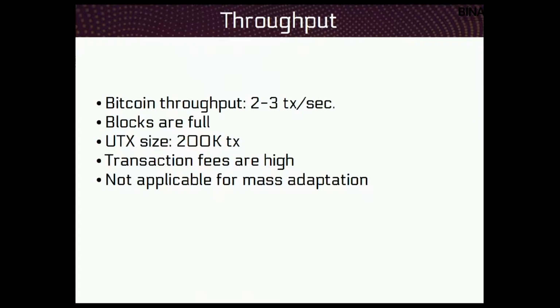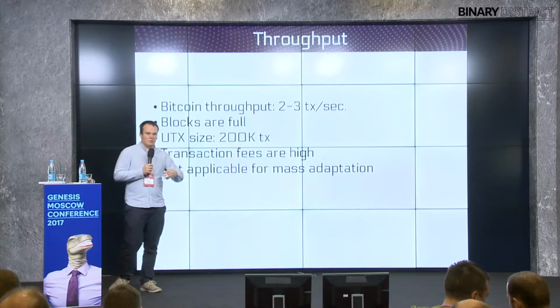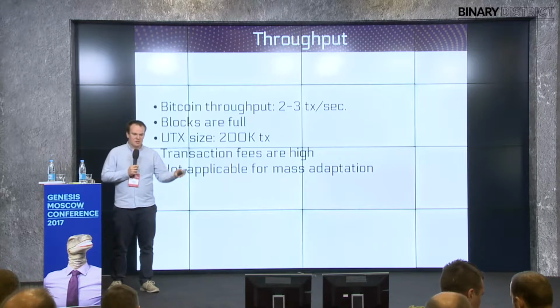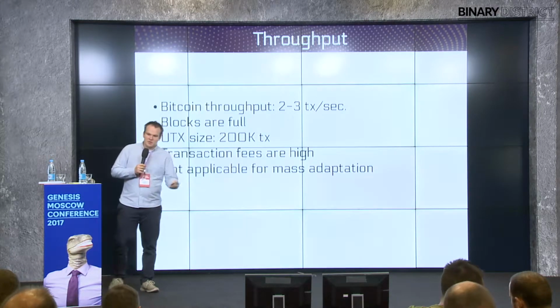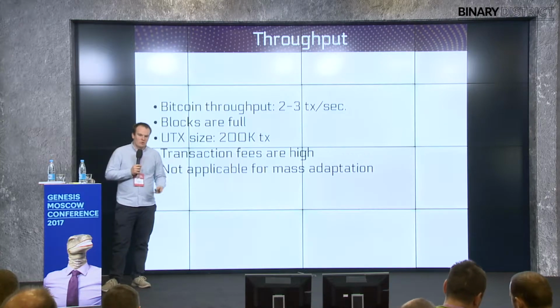It's not possible to build a worldwide payment system on top of existing blockchains. You can launch your business on top of some blockchain, but if your business grows, you'll hit this limit of just a few transactions per second, and it's not production ready. It's not ready for a worldwide payment system.